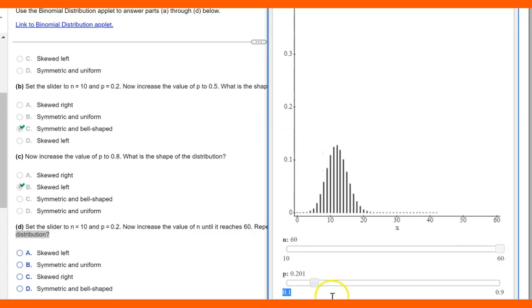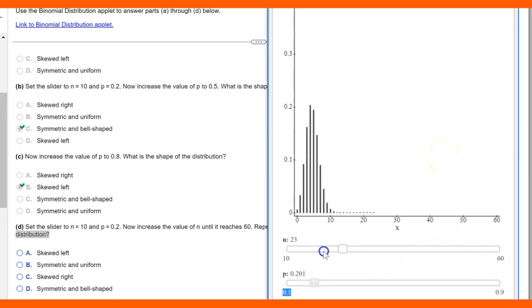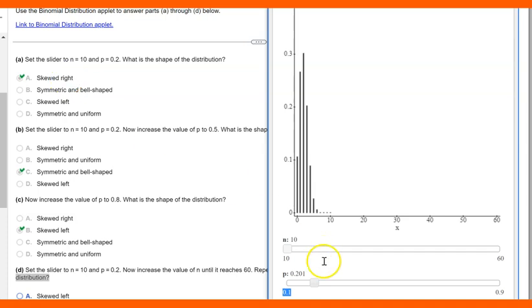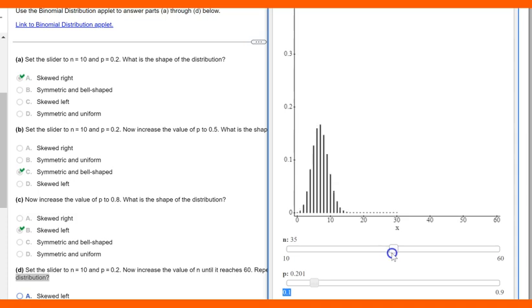What happens? You see that? n equals 60. Your distribution is going to be a symmetric bell shape. If p is 0.20 and n equals 10, the distribution is skewed right. But if you fix p at 0.20 and increase the sample size, the distribution becomes more symmetric.